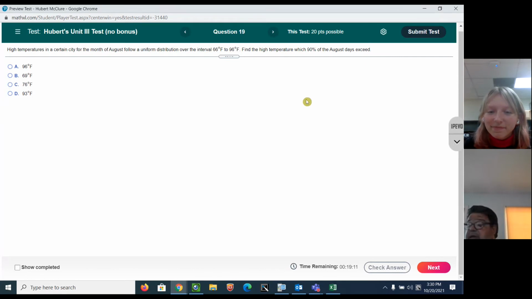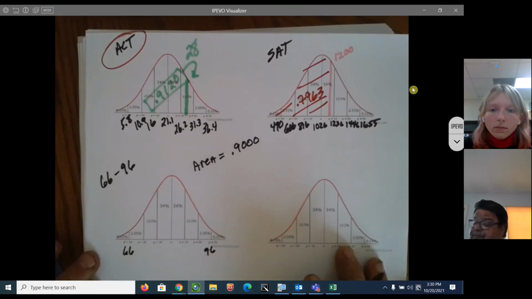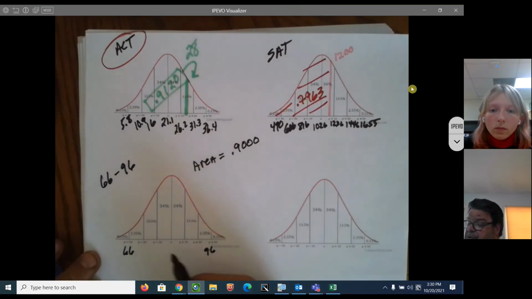Okay, I'm going to try to back this thing in, because it looks like to me, if your low is 66 and your high is 96, that's 30 degrees difference, right? So if that's 30 degrees difference, then 15 has to be in the middle, right? So 15 from 96 is what? 85?